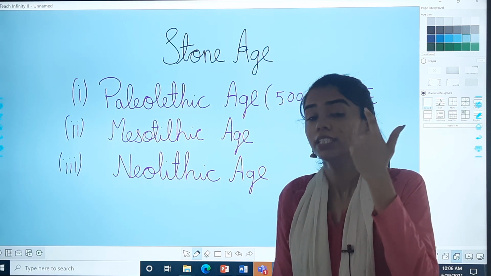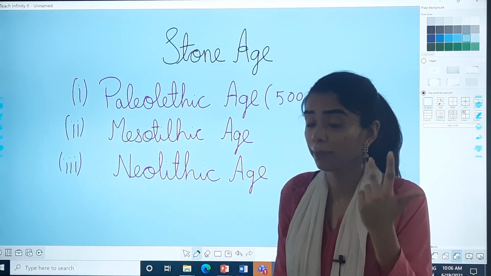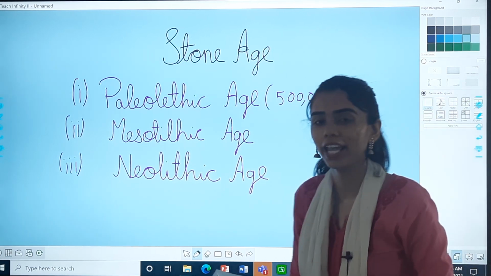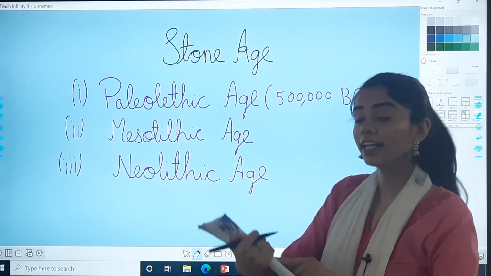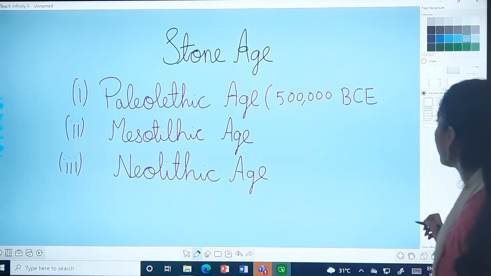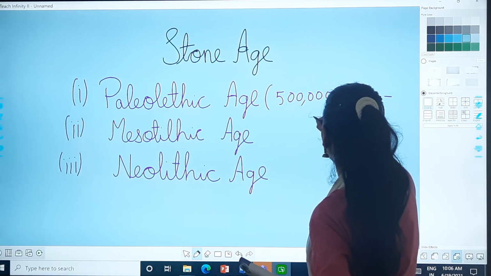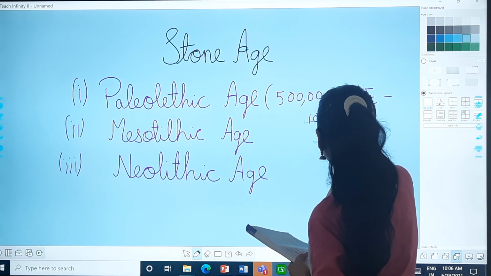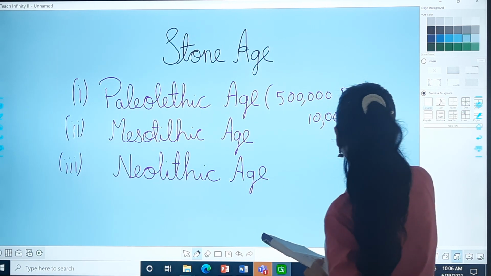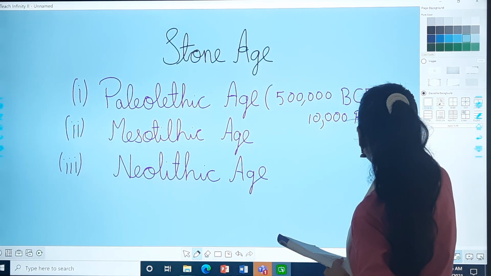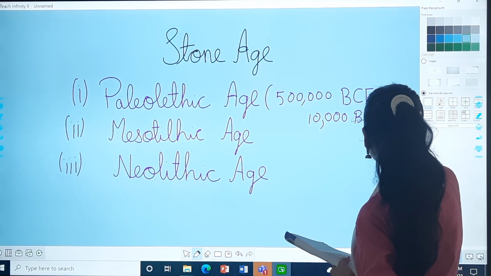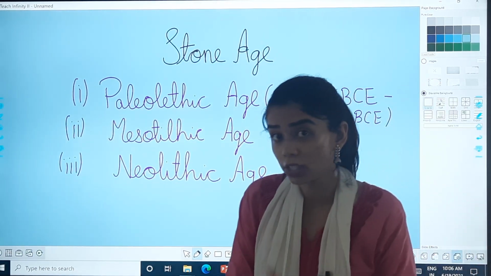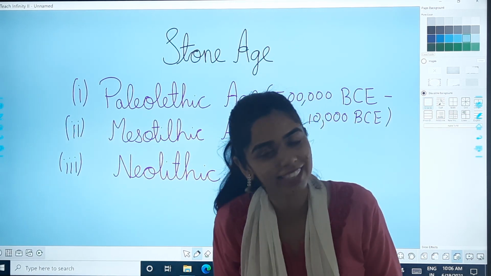So that is birth of Jesus Christ से पहले का era. So before the Common Era, the Paleolithic age started and it ended around 10,000 BCE. Okay, students? So today we are going to discuss about the Paleolithic age in detail.